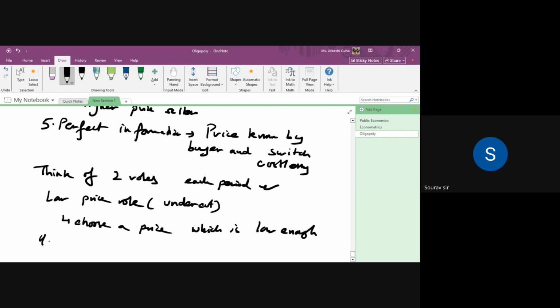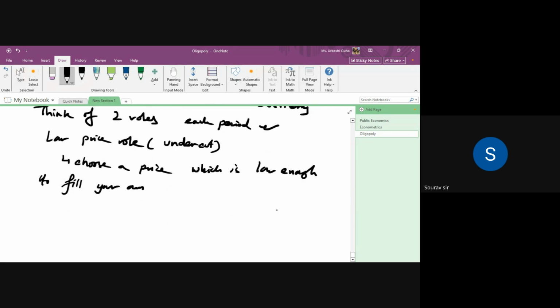If you consider your own capacity is K, and if I go any lower than this, it will only reduce the margin.